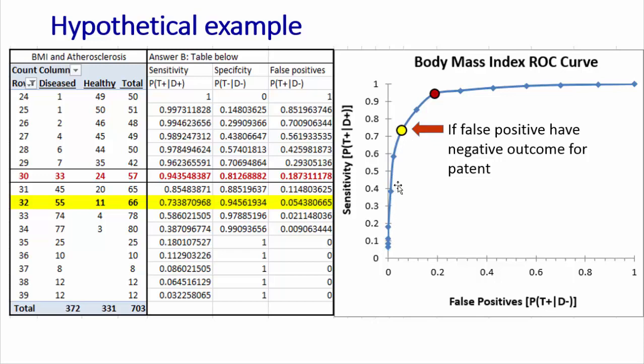Below that, we're losing a lot of sensitivity, but if you go much above that, then we're getting too many false positives. So we probably would use this yellow point right here. That corresponds to these yellow numbers on our table.